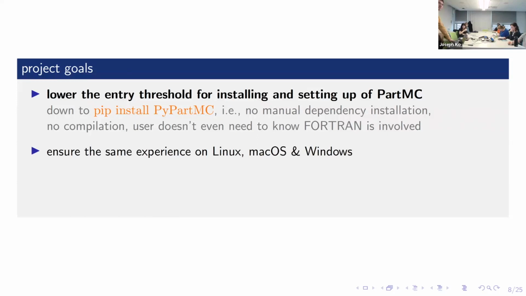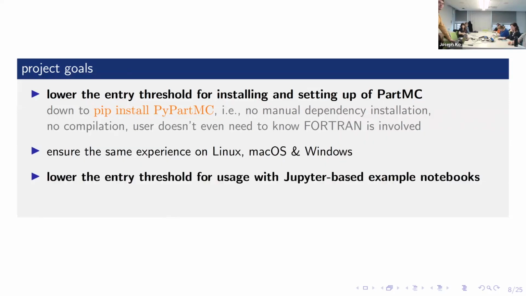So we wanted to ensure the same experience for all those systems, and we also wanted to lower the entry threshold by providing examples of how to run simulations from a familiar Jupyter environment.